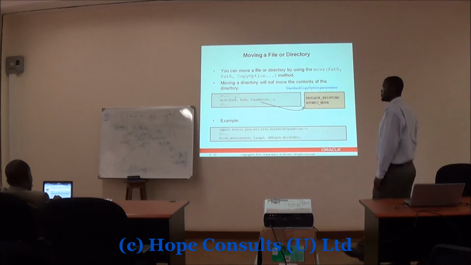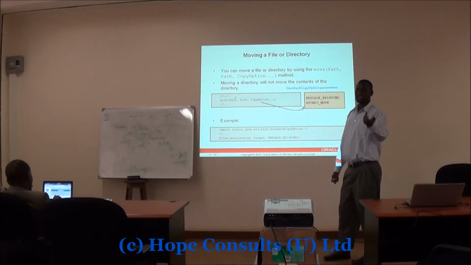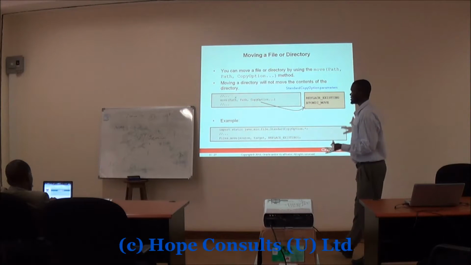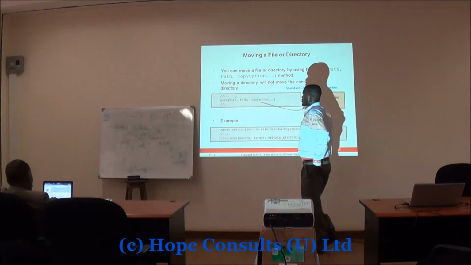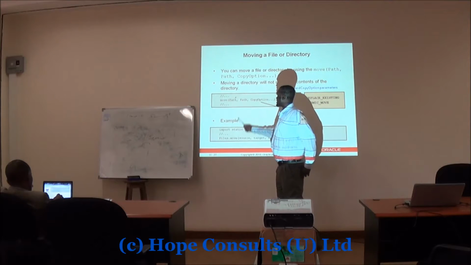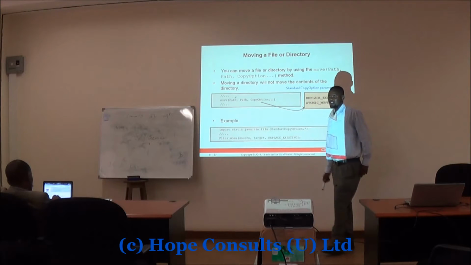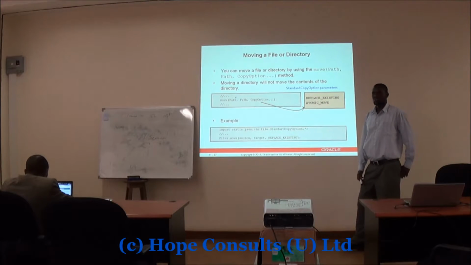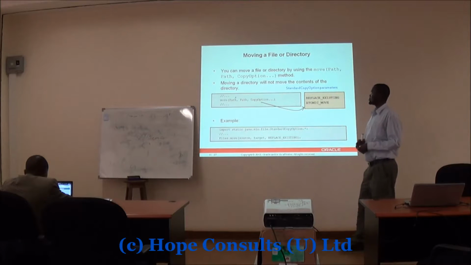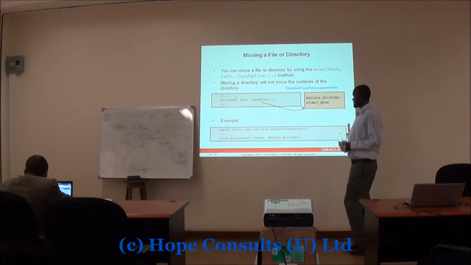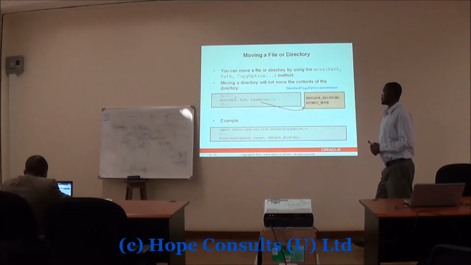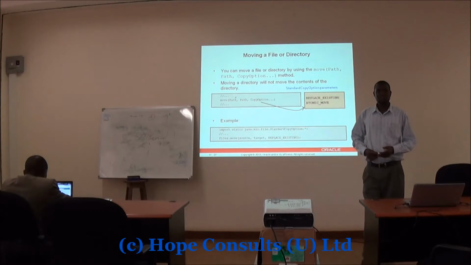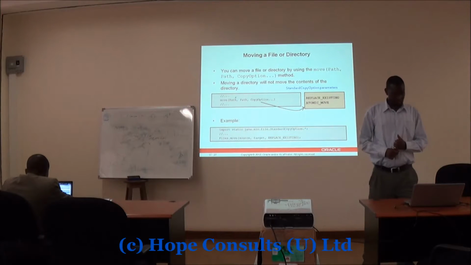Moving a file or directory means you are copying it and deleting it from the source. Those are two things. So you need to provide the source path, destination path, then the copy option. The copy option means if it is there, you replace the existing. If it is not there, you just have the two copies in the same directory. Okay.